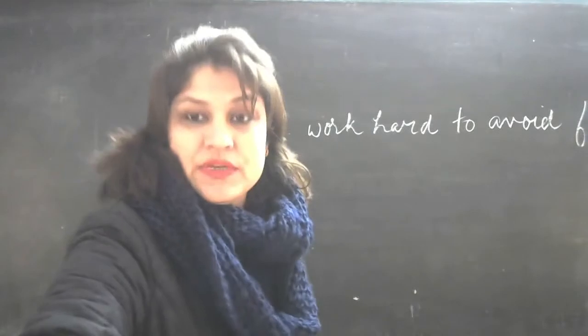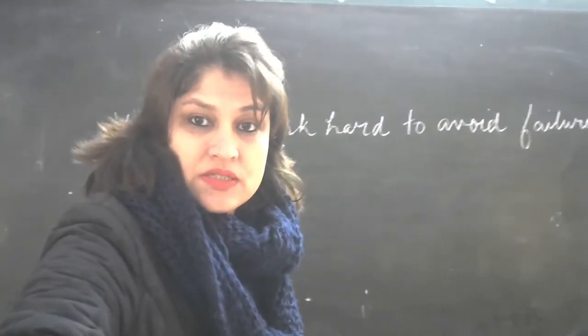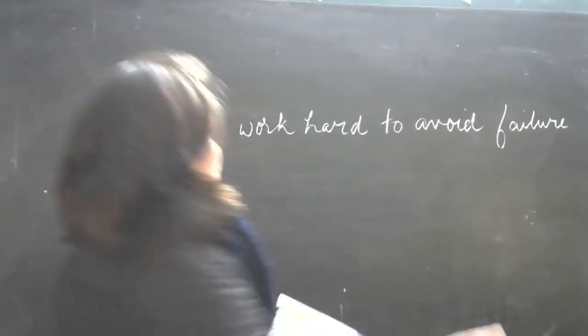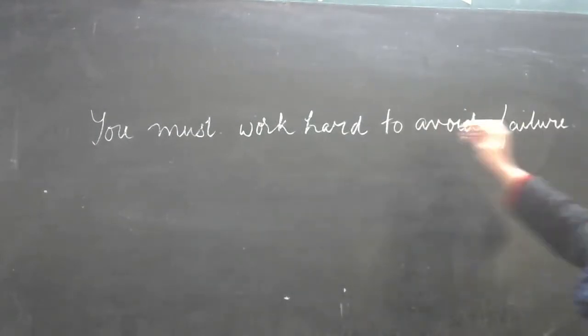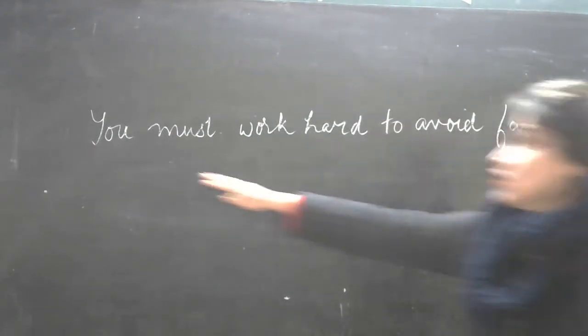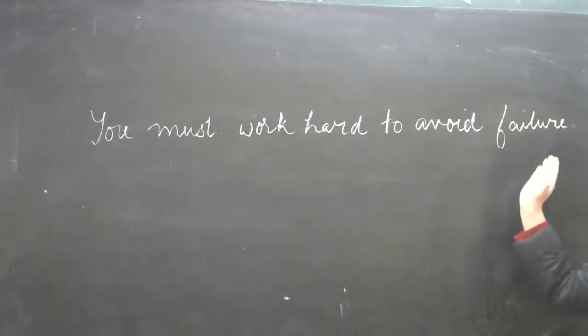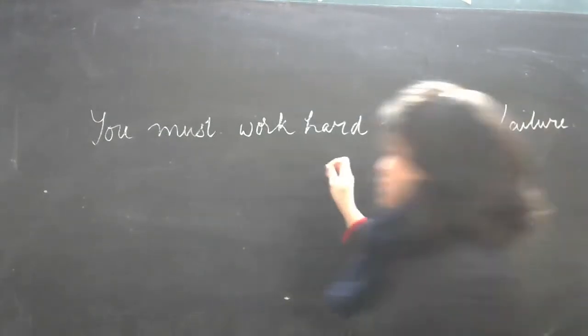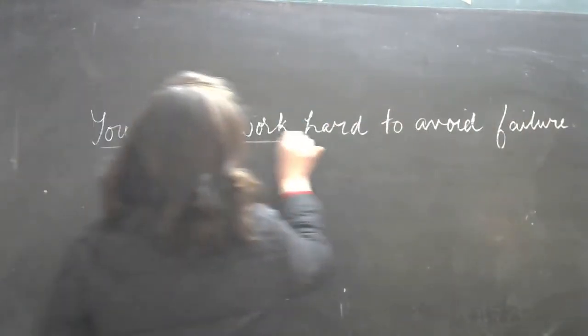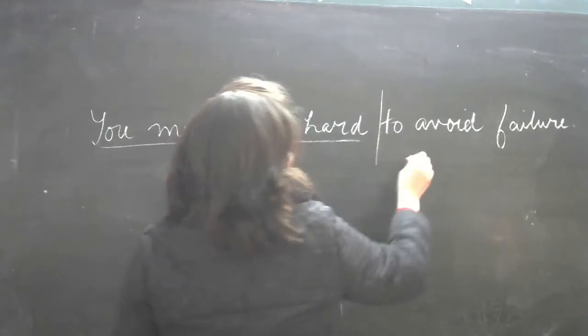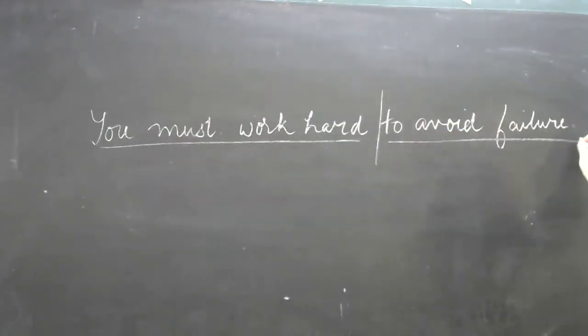Right? So what you have to do is, suppose this is a simple sentence. It says, you must work hard to avoid failures. Now you can see there are two parts somewhat. You must work hard, and why you need to work hard? To avoid failures. You are getting two parts here.